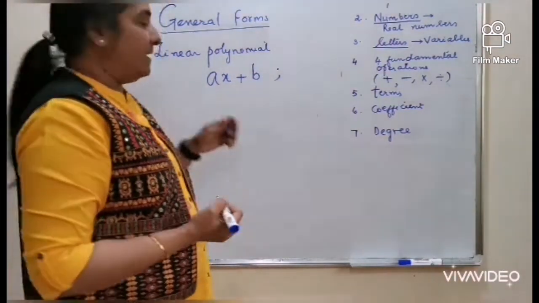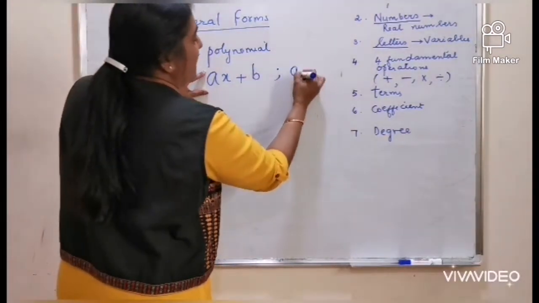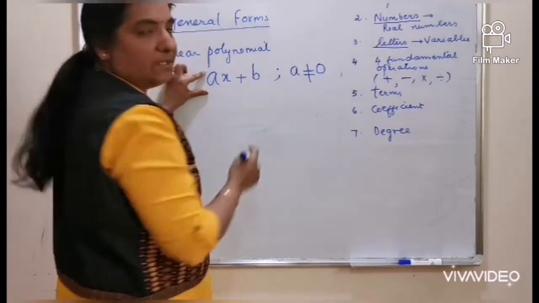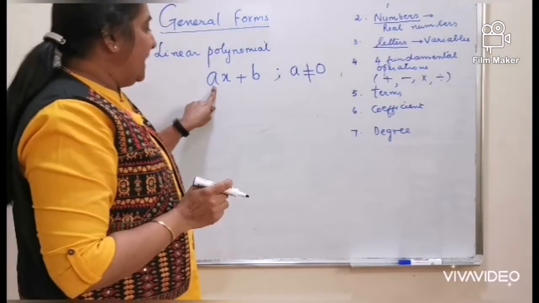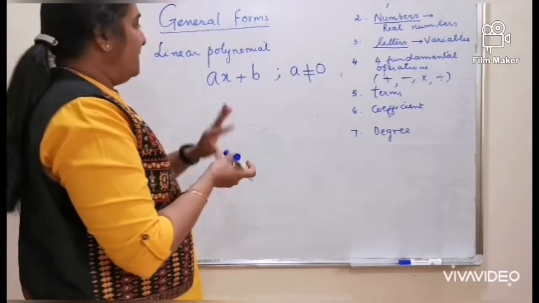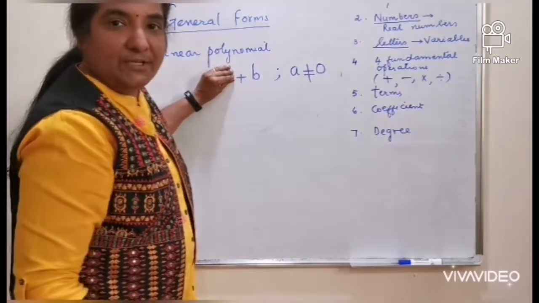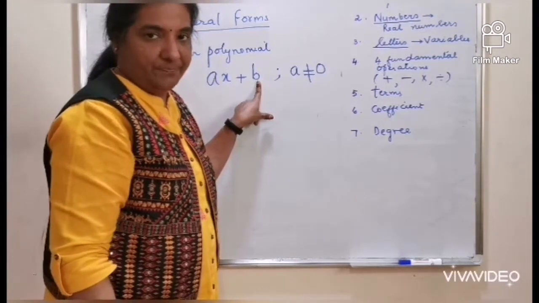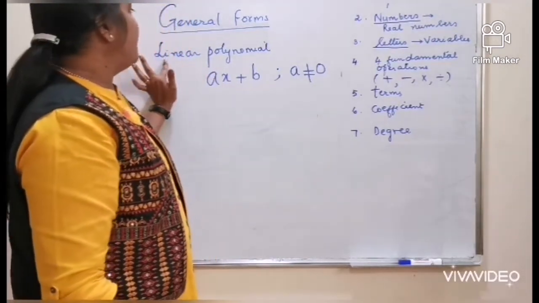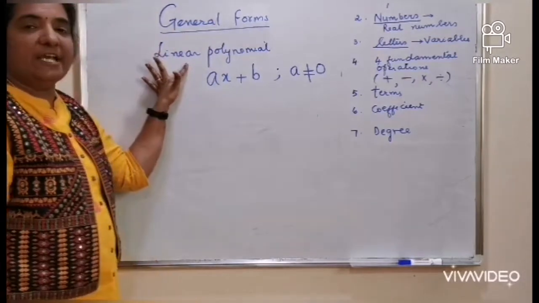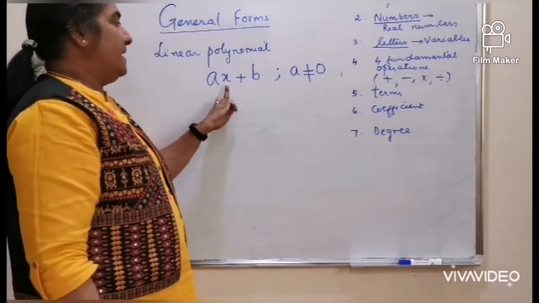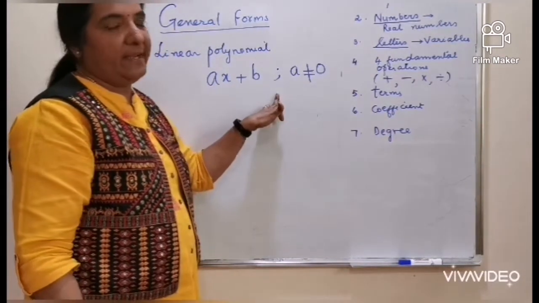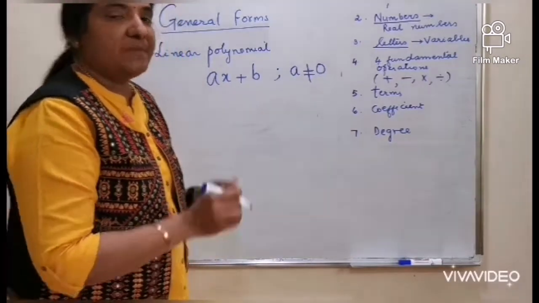The very important condition is that a should not be 0. If a takes the value 0, ax will take a value 0 and it will be only a constant. Thus, the general form of a linear polynomial is ax plus b, where a not equal to 0.